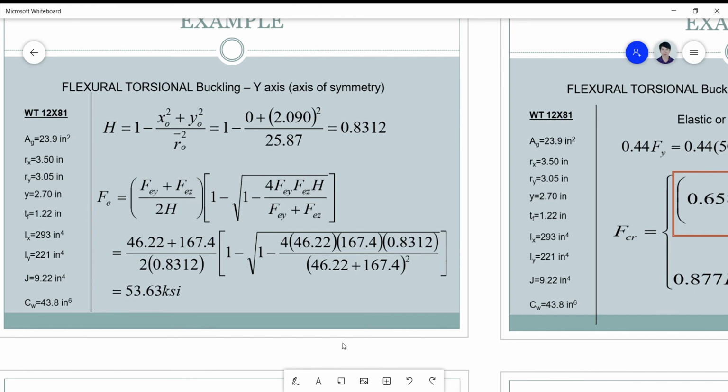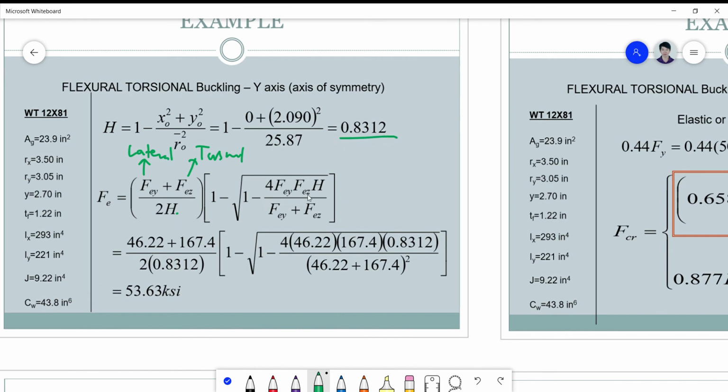Again, this is due to lateral torsional, tama? It's the lateral, it's the torsional. Okay, yung Z, yung kanina, yung H nang galing sa Xo, Yo, ayan, no? O, wala na. Lahat yan, ulit-ulit na lang. Medyo mahaba lang.